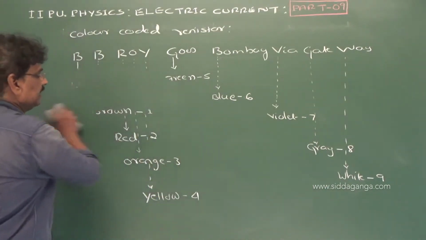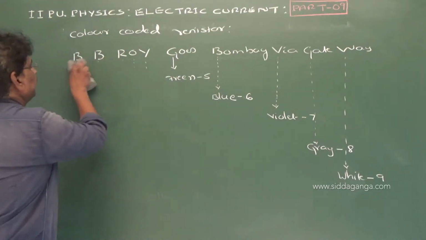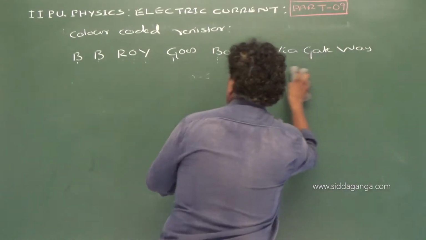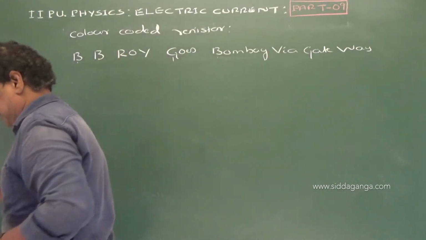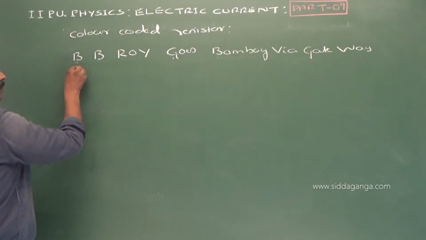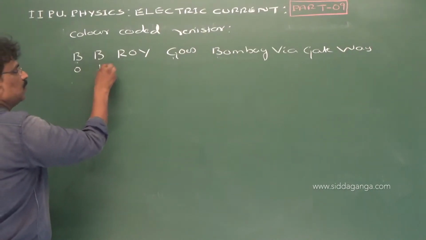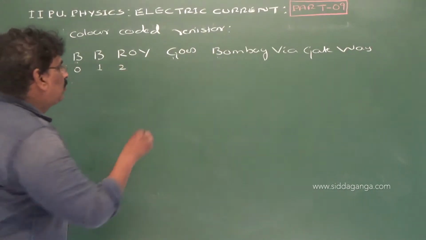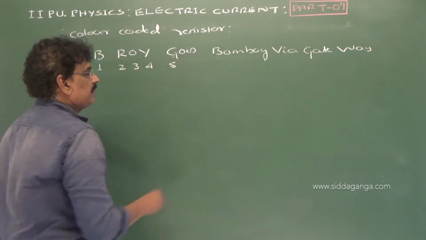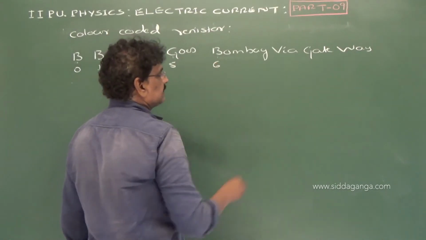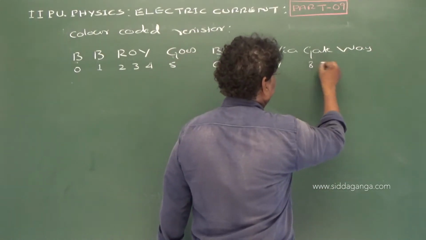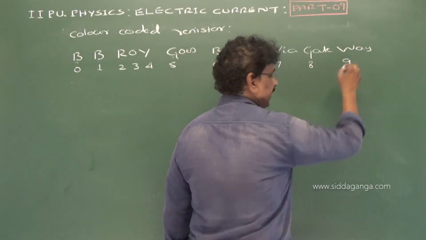So when we write it here, after remembering that, B. Roy goes Bombay: black 0, brown 1, red 2, orange 3, yellow 4, green 5, blue 6, violet 7, gray 8, and this is 9.